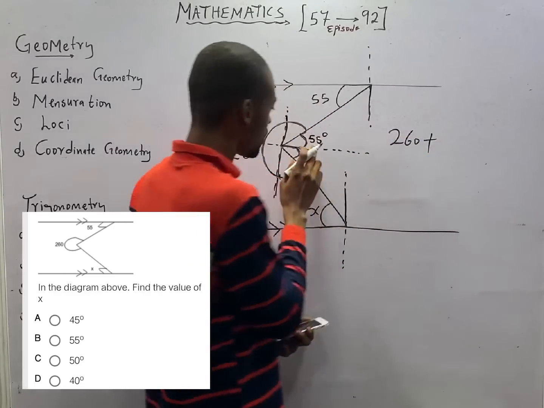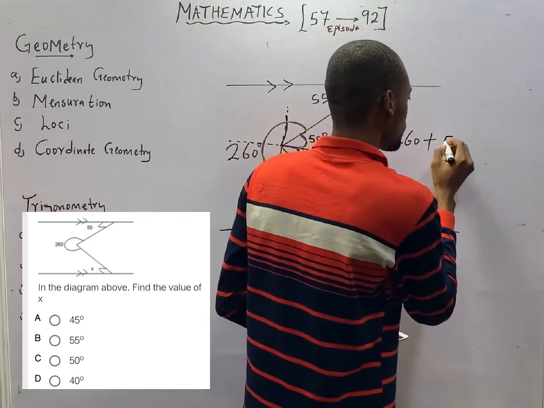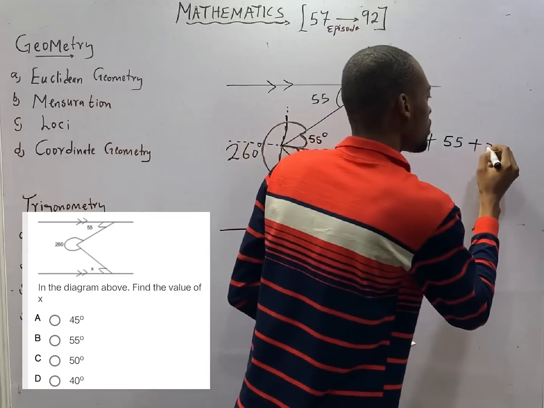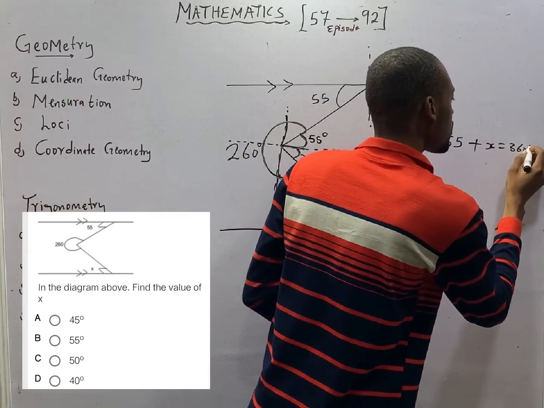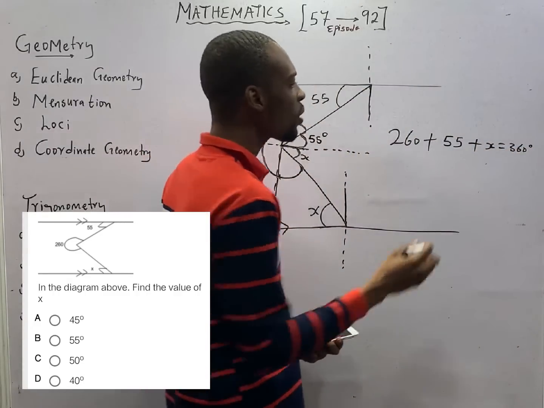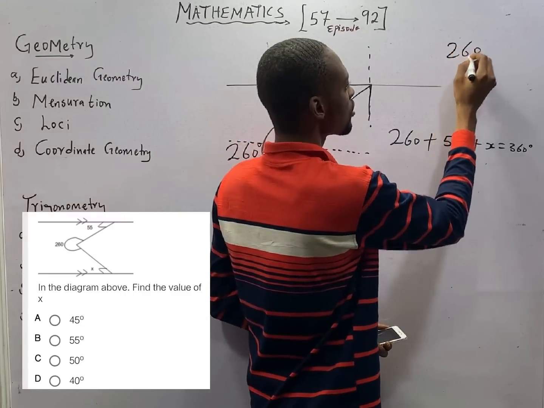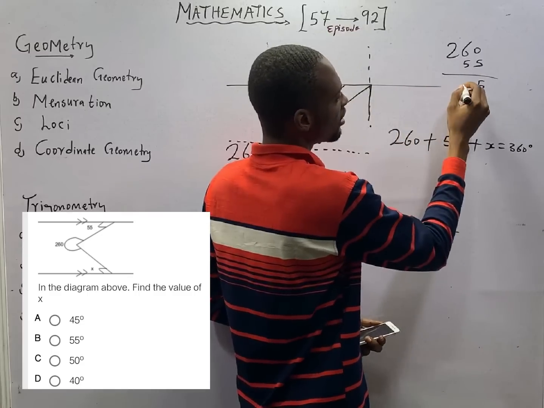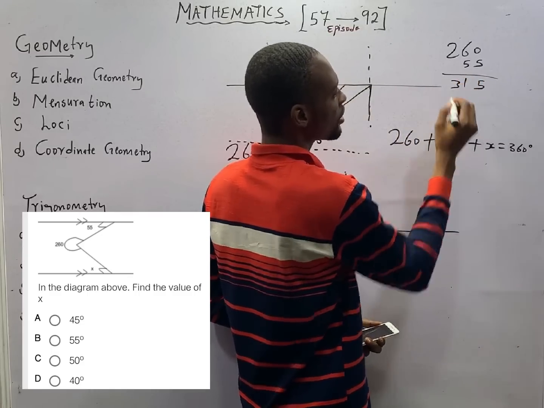If we agree with that, it means these 260 degrees plus this 55 degrees plus this S is equals 360 degrees. Now 260, 55, that is 315.